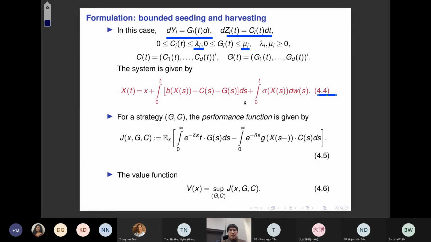We only have two regular controls here. And we can also combine C and G as a regular control only. So we revise the performance function and also the value function. And we are able to use the methods in the previous section for this problem.